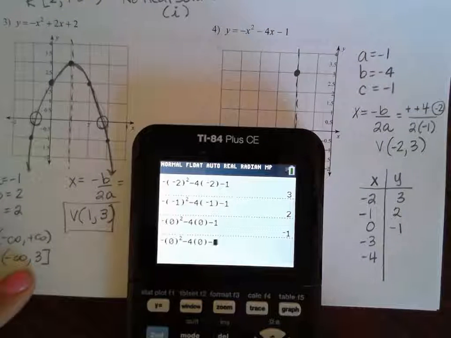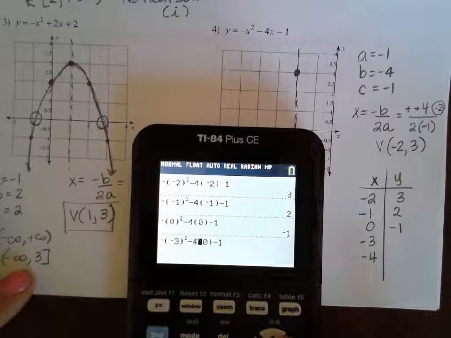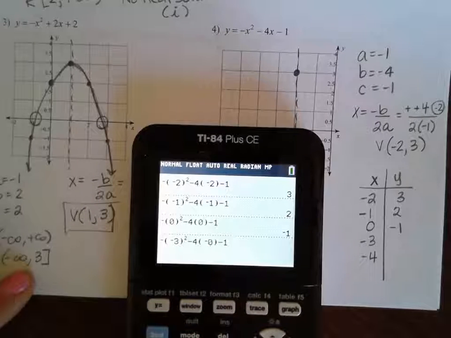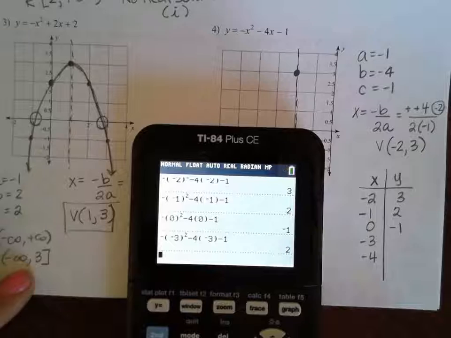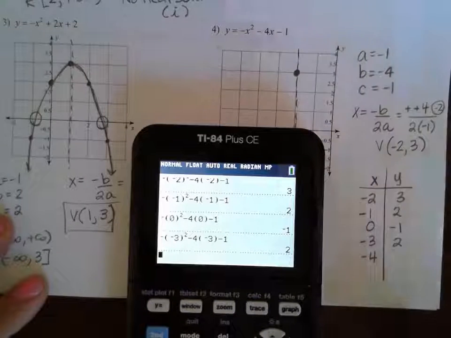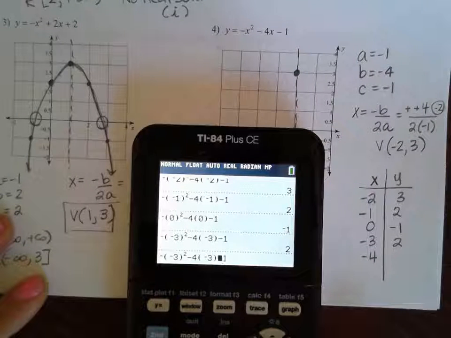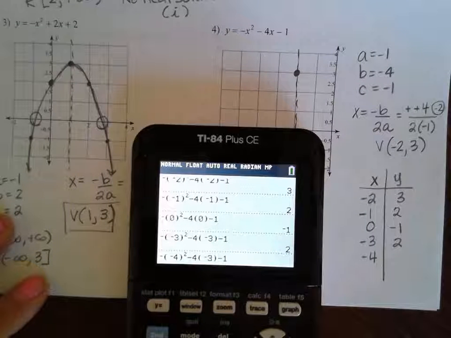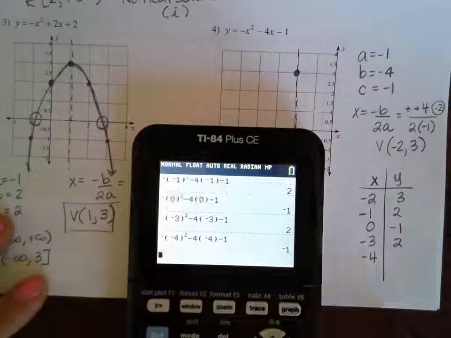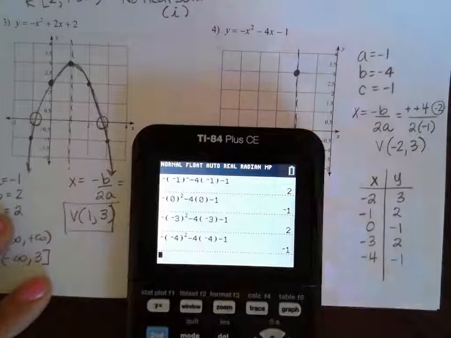For negative 3, this will be negative 3 and negative 3. Oops, put an extra 0 in there. Don't need that. Okay, there we go. 2, and then negative 4, 4 right here, 4 right here. All right, enter, and it's negative 1.